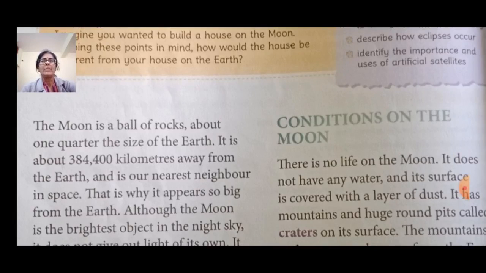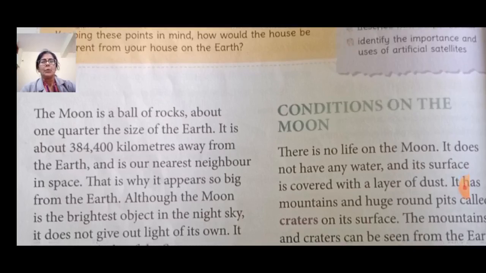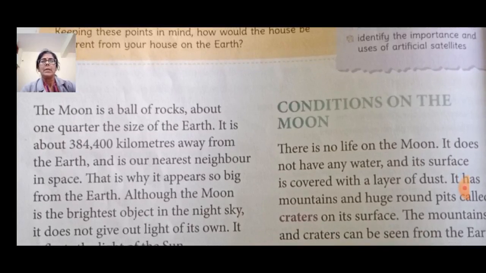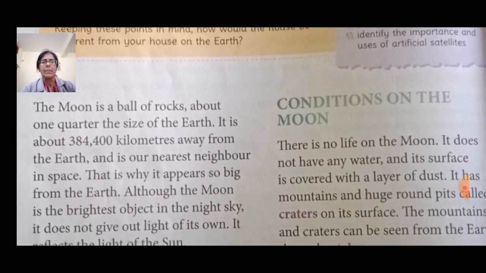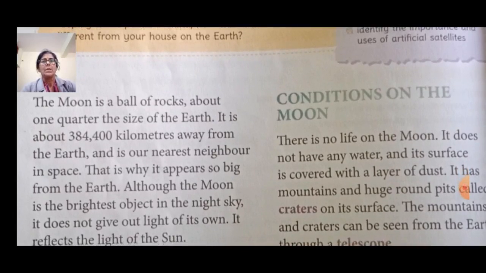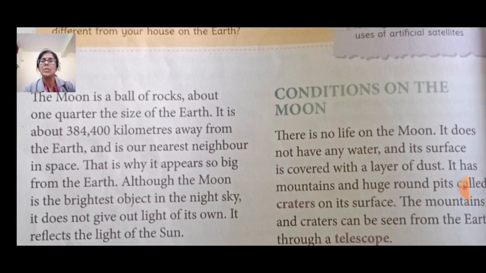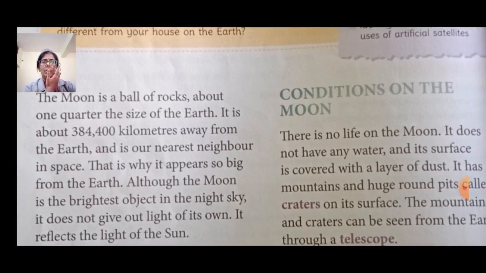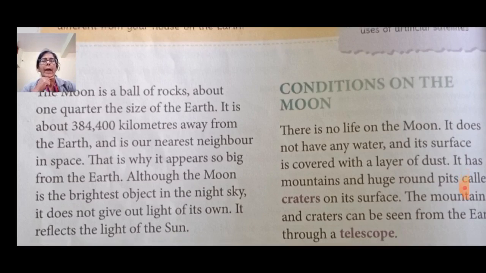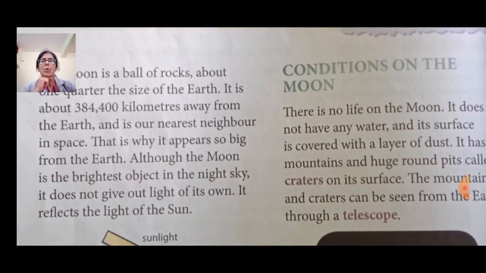About 1/4 of the size of earth is the moon and our nearest neighbor in the space. That is why it appears so big from the earth. Why? Because it is too much nearer from the earth. Although moon is the brightest object in the night sky, it does not give out light of its own.